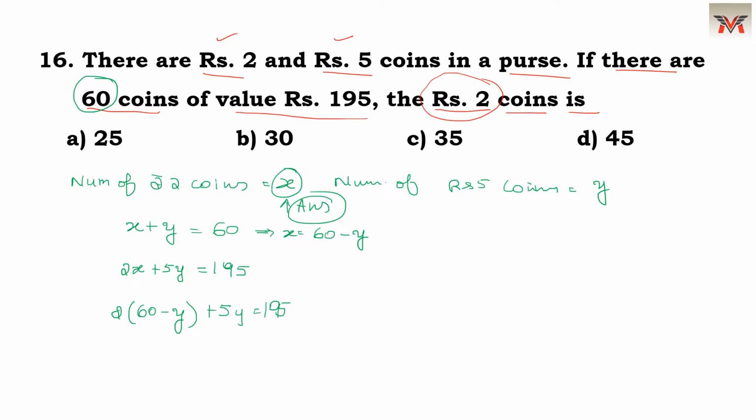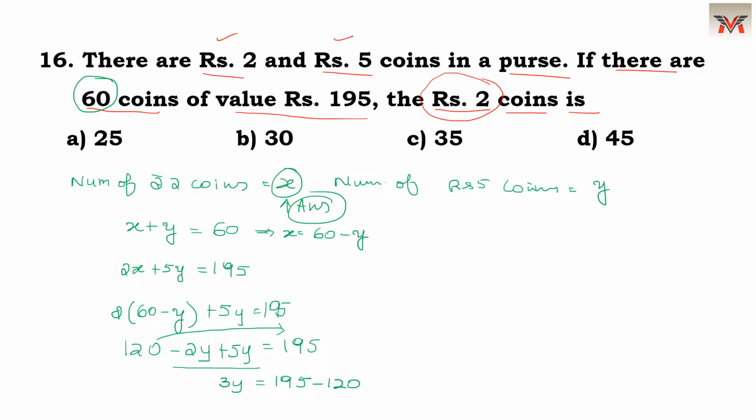Now 60 into 2 gives me 120 minus 2y plus 5y, that is equal to 195. Therefore it is 3y is equal to 195 minus 120. That is, I'm just taking 120 to the other side and I'm simplifying minus 2y and plus 5y.